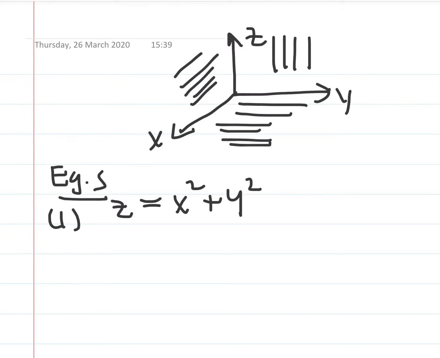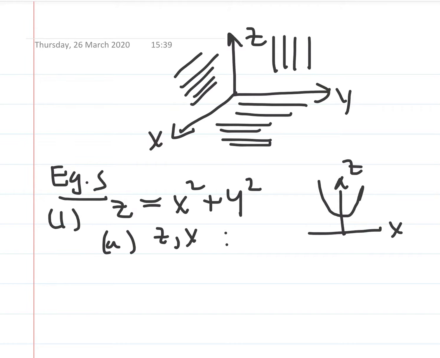So it's clear that when y is equal to 0, we get the parabola z equals x squared. So this is in the zx system. What we get is, if that is the x-axis and this is the z-axis, we have a parabola of that type.